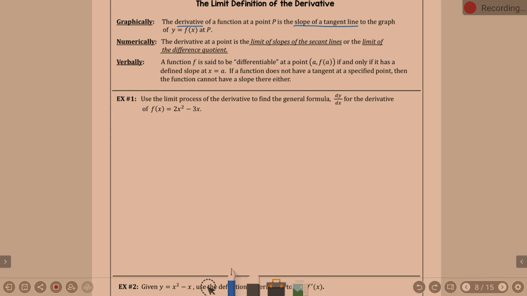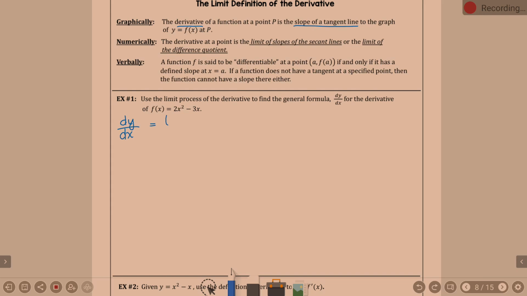Here's where the work comes in. Use the limit process of the derivative to find the general formula dy dx for the derivative of f of x equals 2x squared minus 3x. Okay, so if I write some proper notation here, we're going to be doing dy dx.